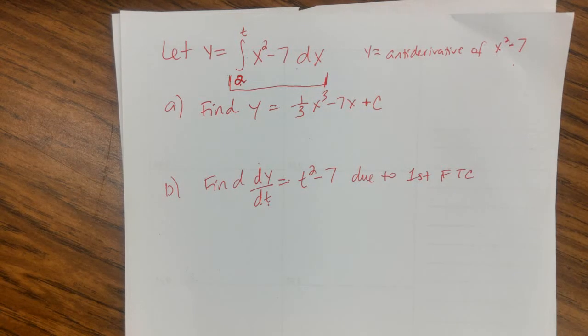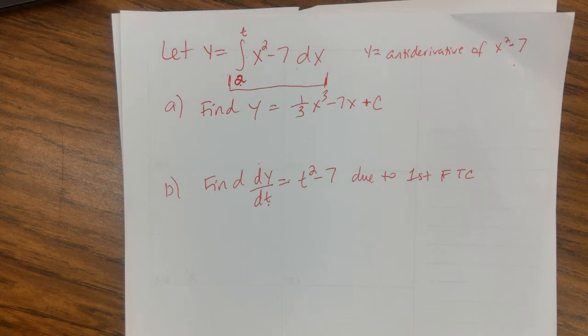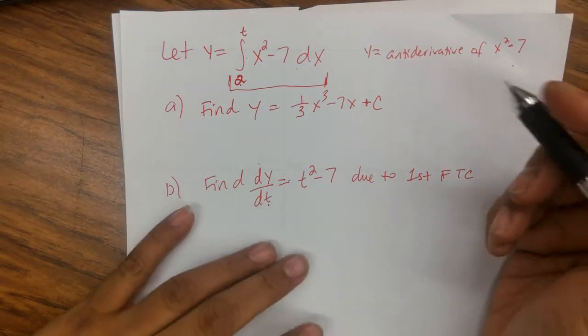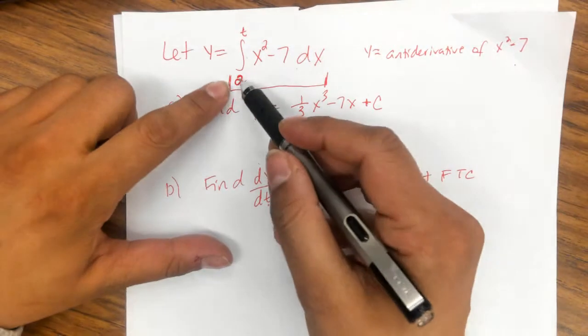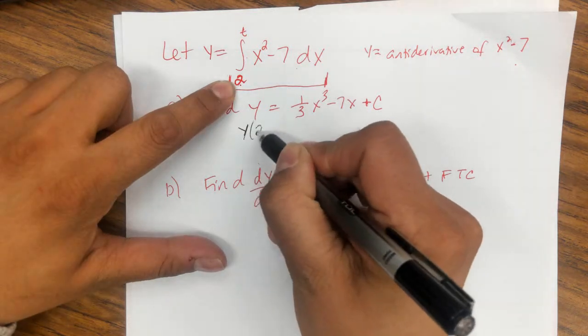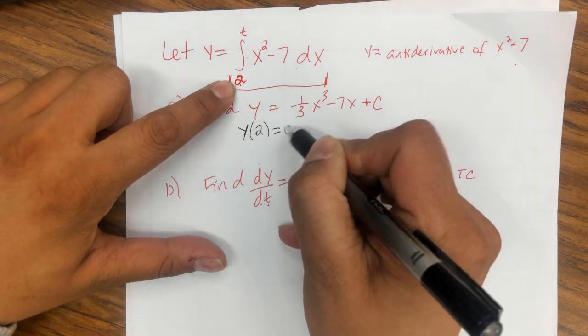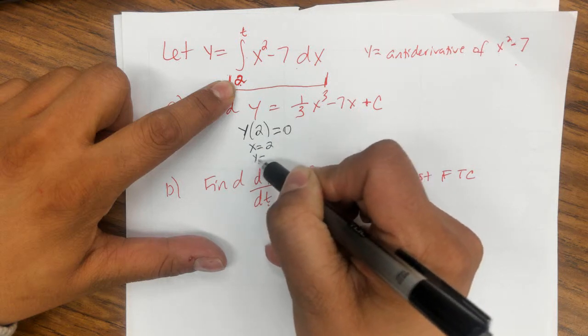So believe it or not, this problem has shared one x coordinate and one y value with it. You know that when I plug into y, I plug in 2, you're going to get 0. So when x is 2, y is 0.